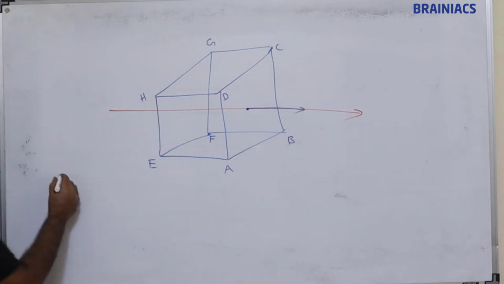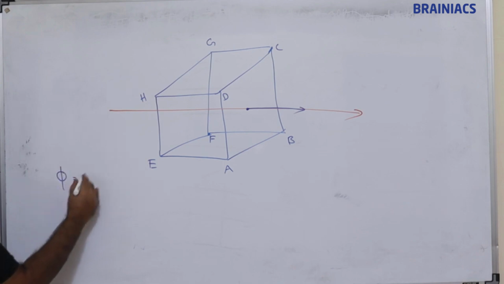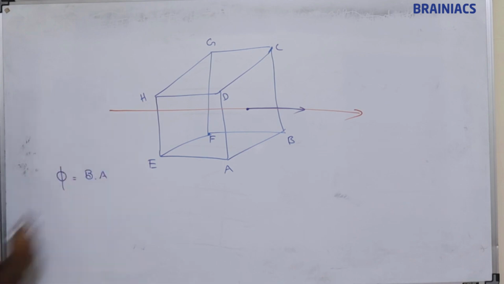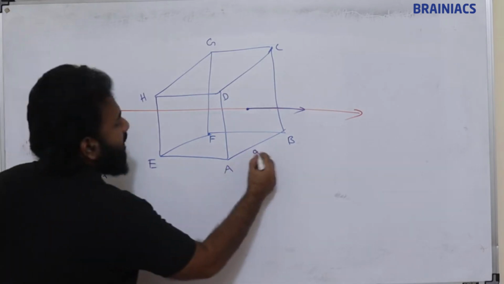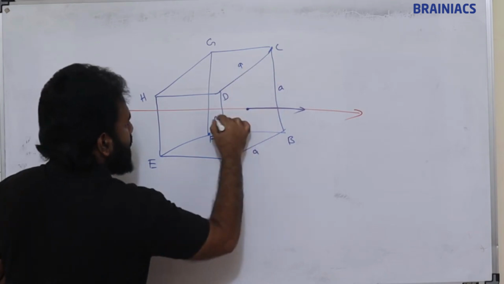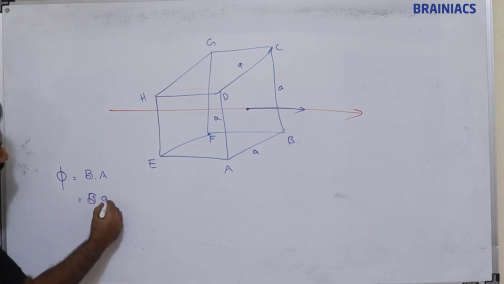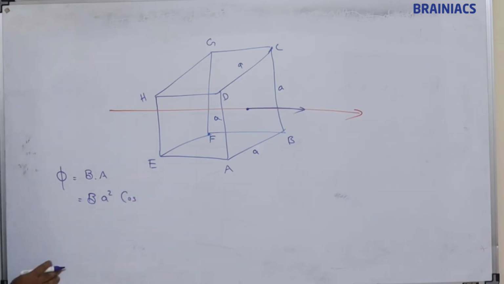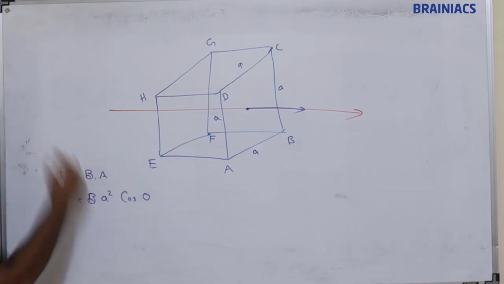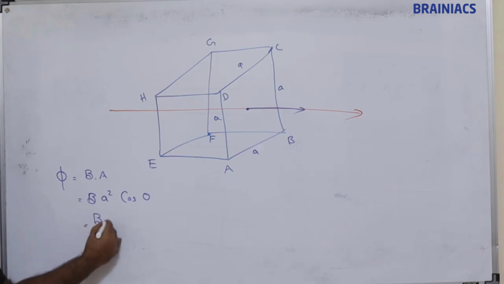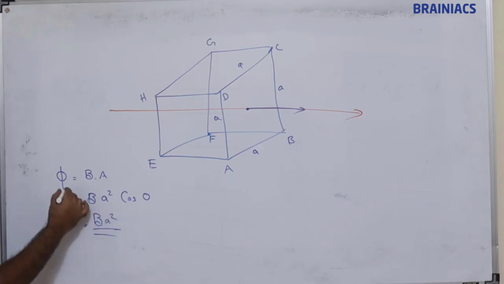So magnetic flux phi is equal to B dot A. Its side is given as A, so the magnetic field is B, area is A square, and cos, what angle can we put? Directly we can put 0. So BA square. This is the flux passing through ABCD.